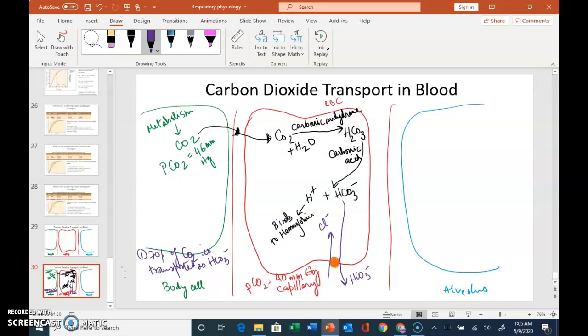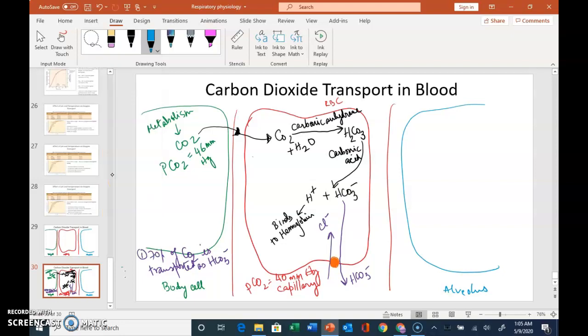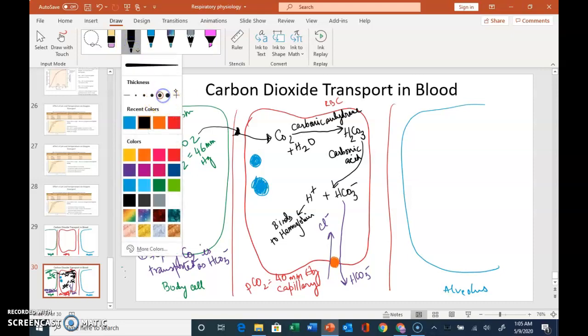Okay. I want you to remember that RBC has hemoglobins. Do you remember that? Within the RBC, we had these hemoglobins. Do you remember? And what was there on the hemoglobins? I'll just draw two. The hemoglobins had seats.